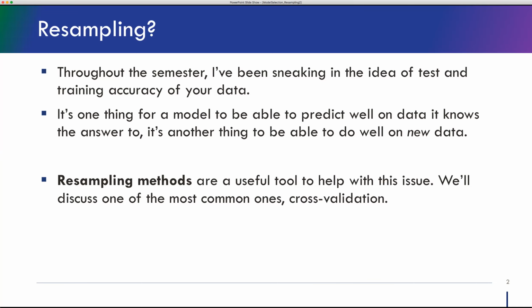And the resampling methods are a useful tool to help us with this issue. We will discuss one of the most common ones, cross-validation, and we actually have the formal training and validation data set splitting as well.